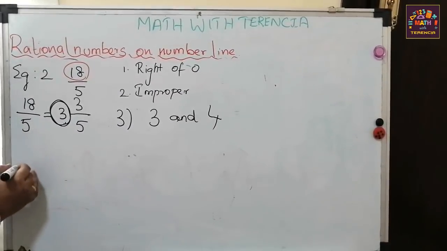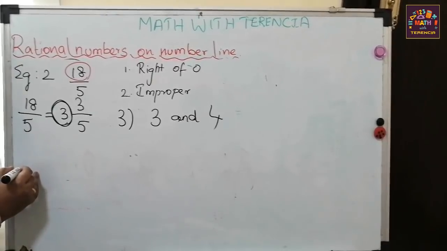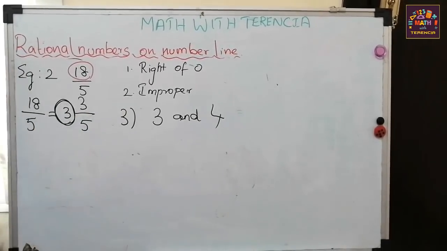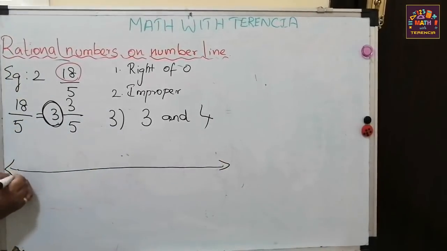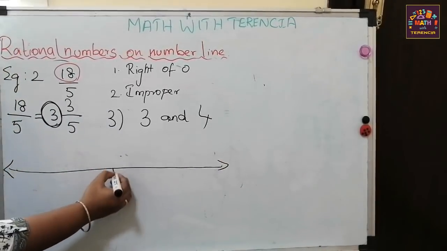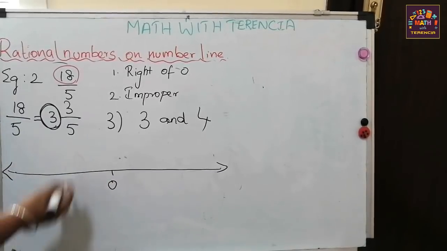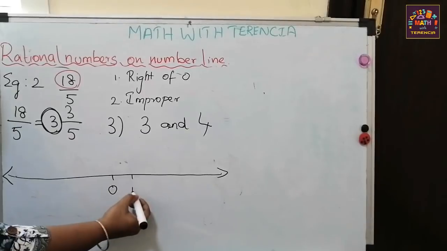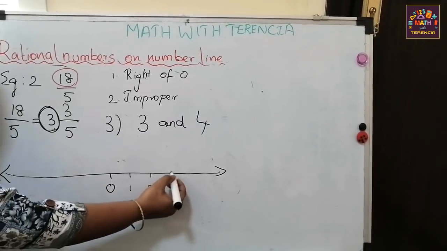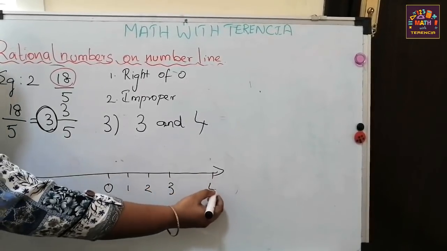So if I go with method 1, these steps are not necessary. Now I'm going to solve this in method 2. So I know here is 0. And I know the number lies between 3 and 4. So 1, 2, 3 and 4.